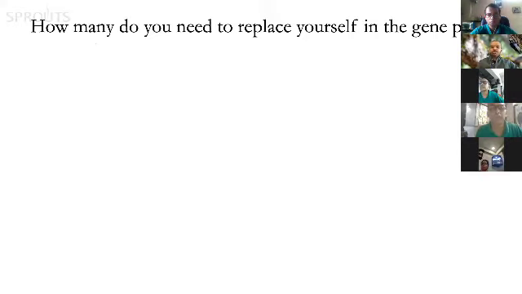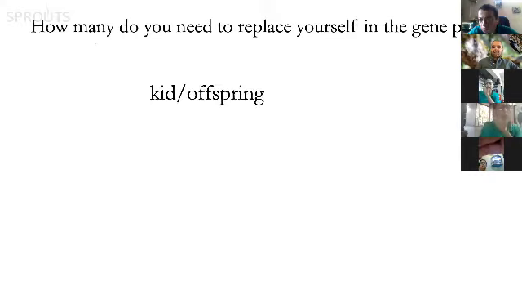That you want to leave behind at least one full copy of your genome in the gene pool after you die or after you stop reproducing. How many kids or offspring do you need to have to replace yourself in the gene pool? What is the answer to that? If you share 50% of your DNA with your parents and with your kids, then how many kids do you need to have to replace yourself in the genome, in the gene pool?